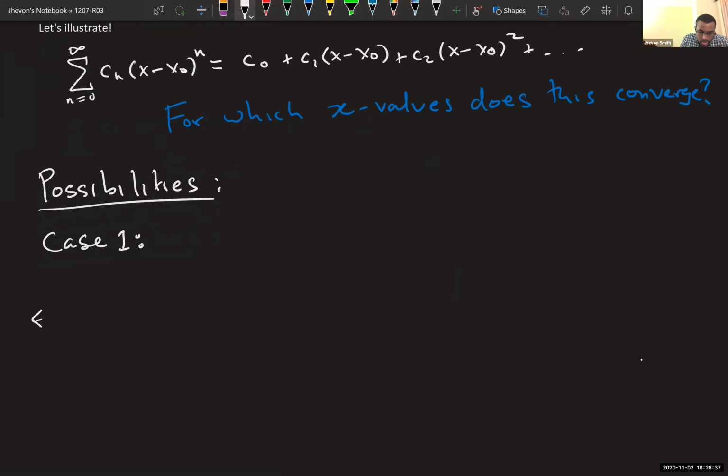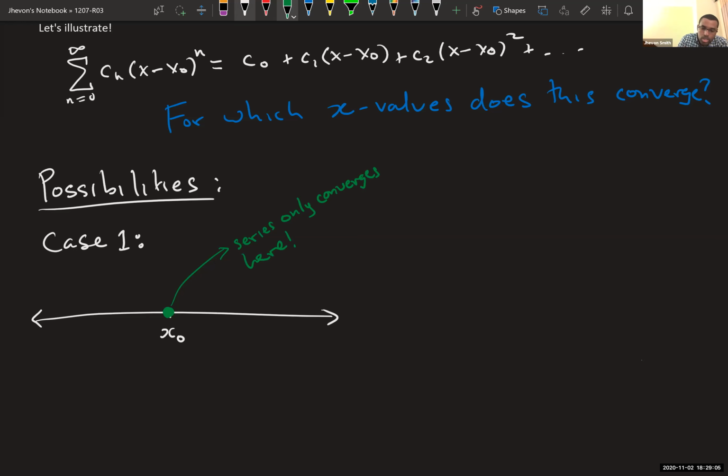So here is the real line. I can have a point x naught on the real line, and my series only converges there. So if I'm at that specific point, we're good. Nowhere else, right? So boom. Series only converges here.